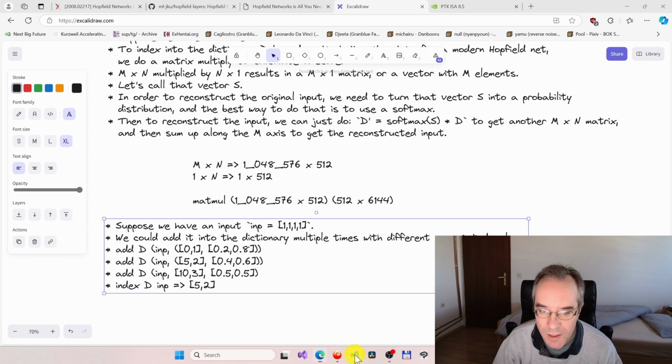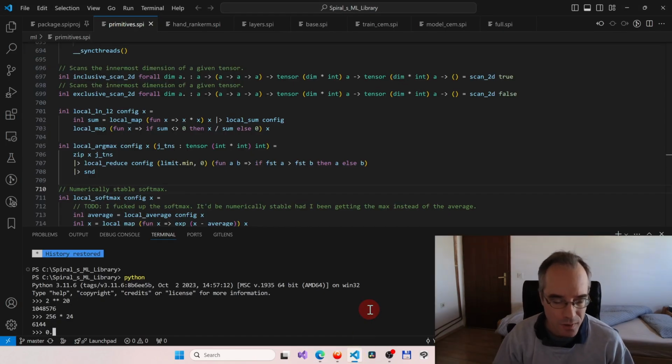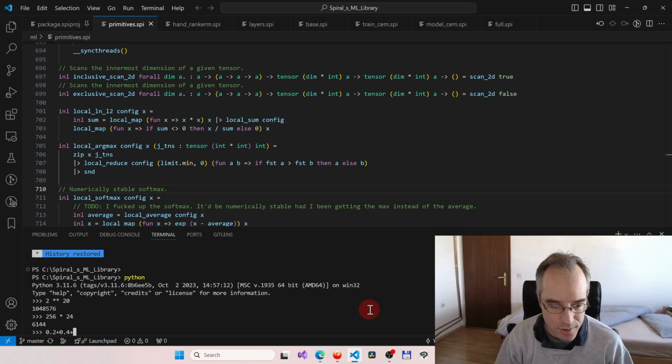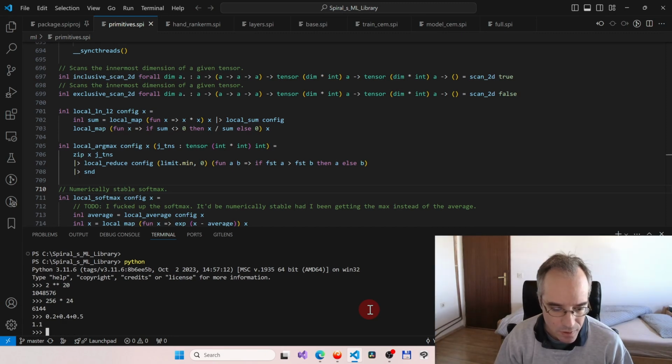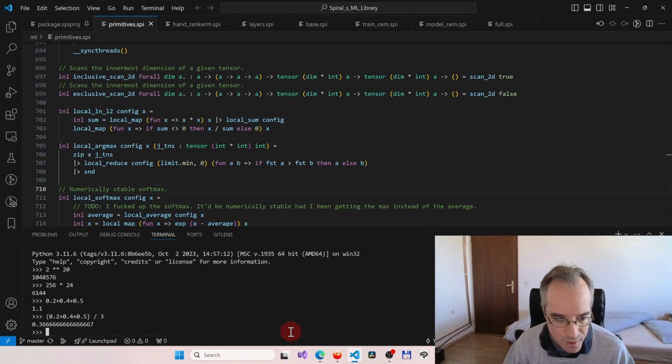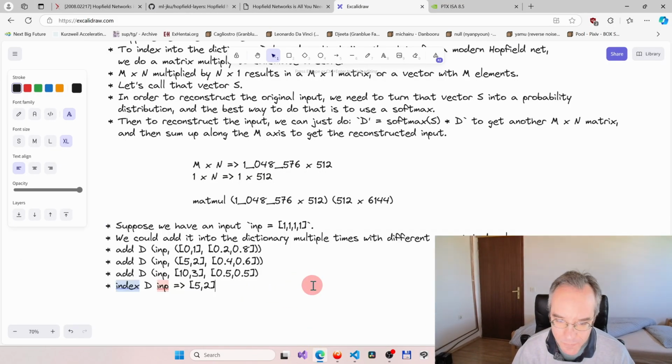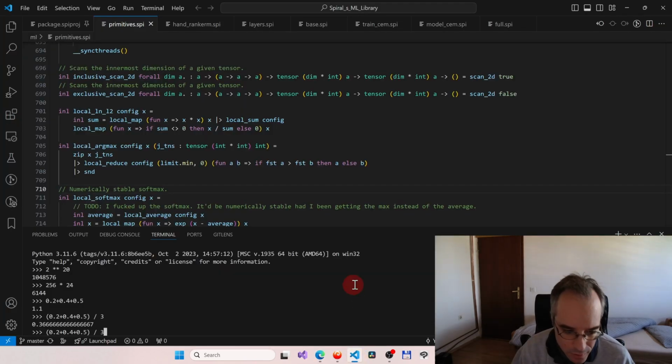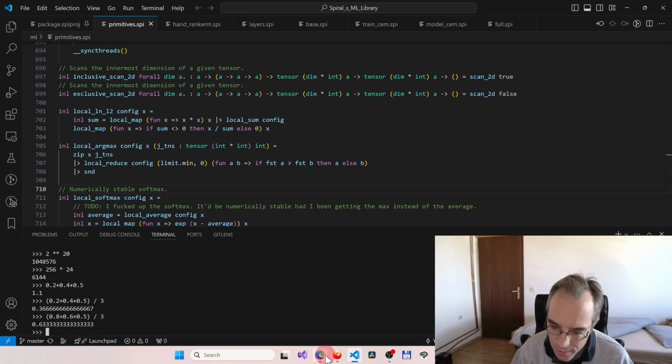Okay, let's take out the calculator. 0.2 plus 0.4 plus 0.5, and let's put a parenthesis around this and divide it by 3. 0.36865, okay. 0.36563. Okay, that seems good.